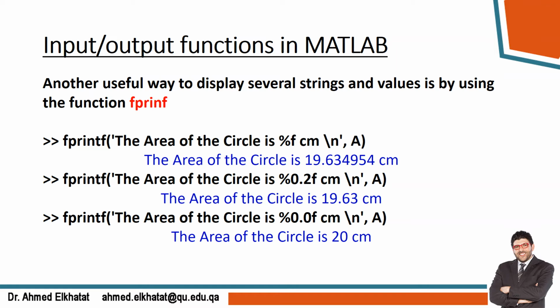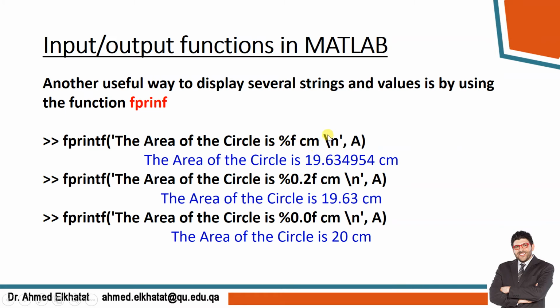So here we can use fprintf, and then "the area of the circle is", then we want to put something here. We want to put the number, so we put a percentage sign and f, then space centimeter.